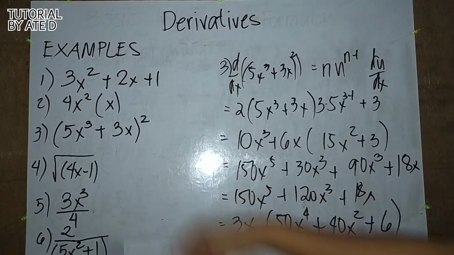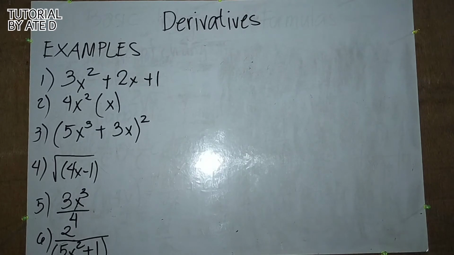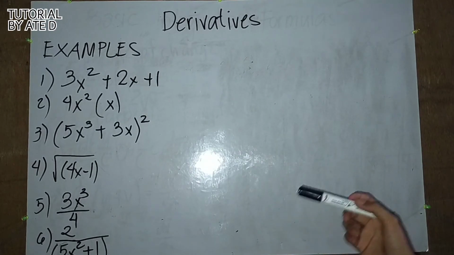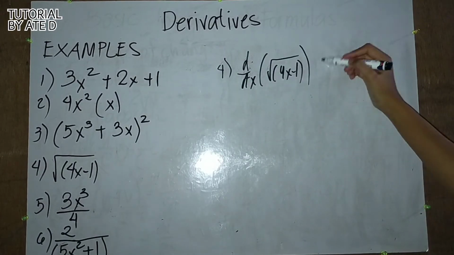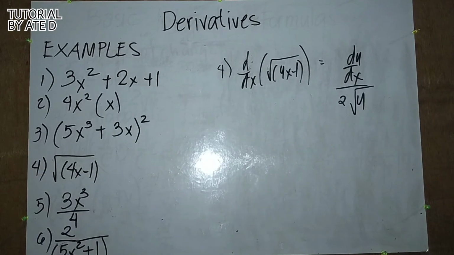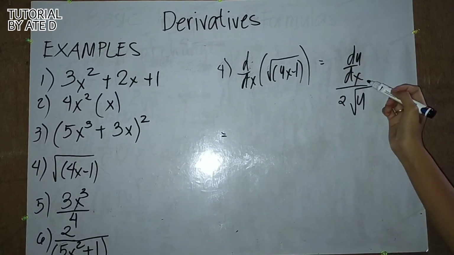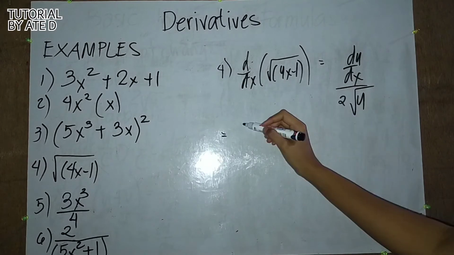So, let's proceed sa number 4. Sa number 4, susundin muna natin yung formula na nalagay ko kanina. Tapos, may iba pang paraan kung paano kunin yung derivative ng number 4. So, titignan natin kung magkapareho din yung makukuha nating sagot. So, bale, ang gagawin natin dito ay mag-plug in din at kukunin yung derivative ng nasa loob. Yung derivative ng nasa loob is 4.